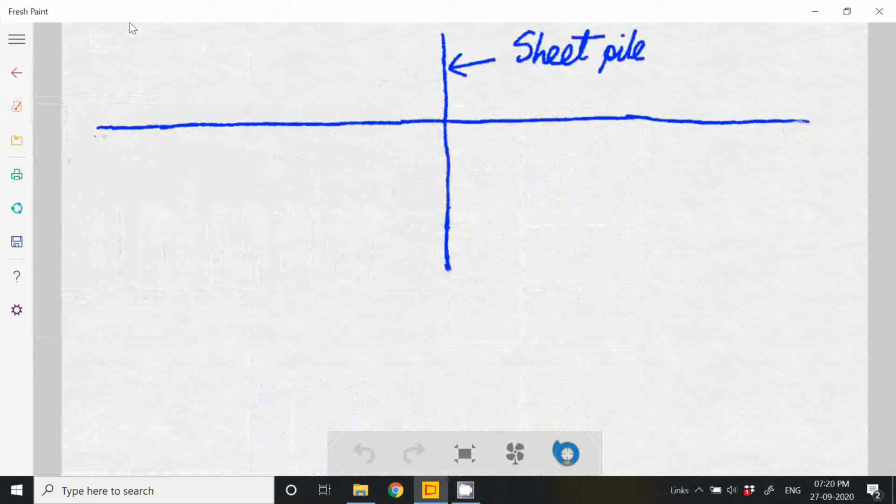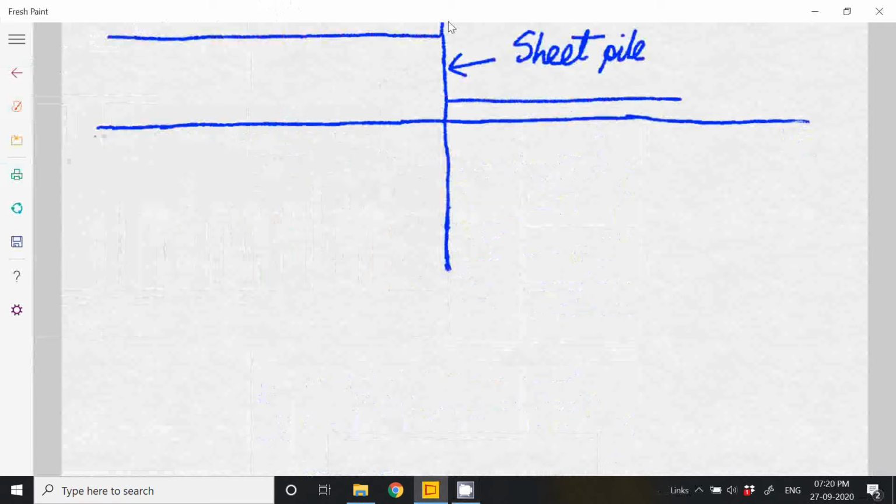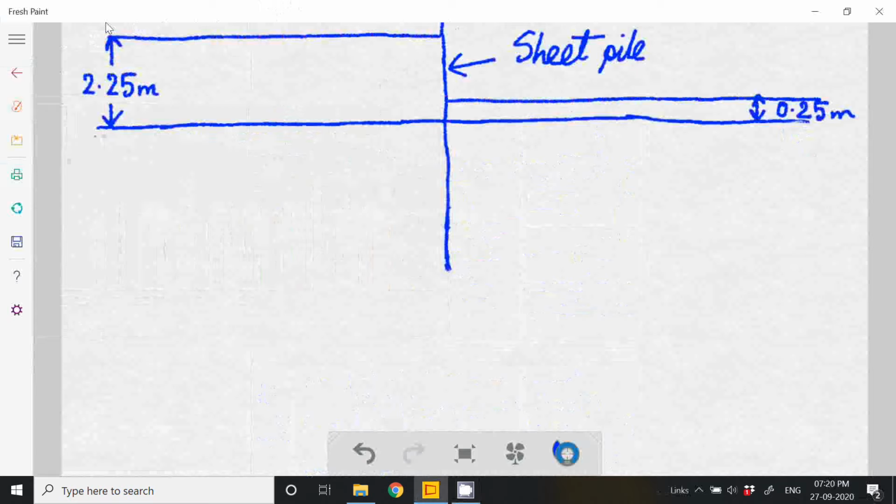So on the left side, let us consider that there is a water level here, and on the right side, let us consider that the water level is here, and this is 0.25 meter water level, and this one is 2.25 meter water level.